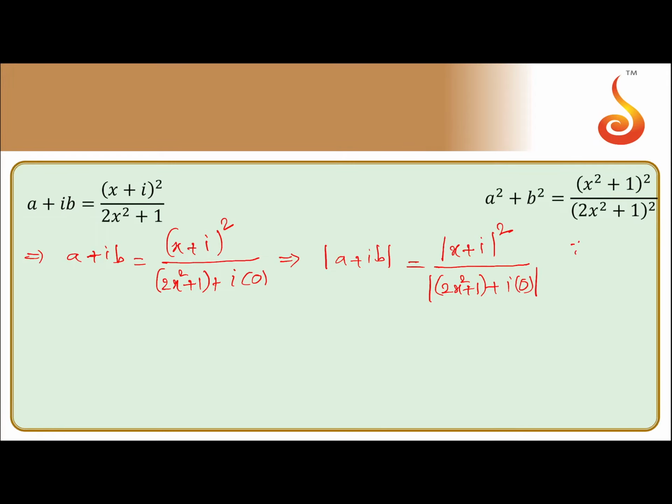Since modulus of z² is the same as mod z whole squared, and similarly mod (z1/z2) = mod z1 / mod z2, using these formulae, we can write down the given expression like this.